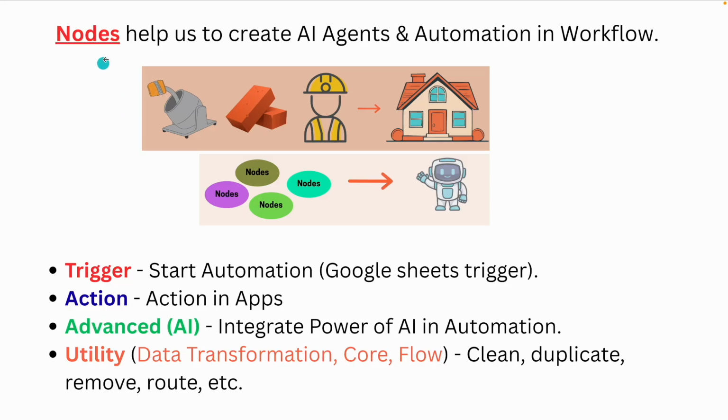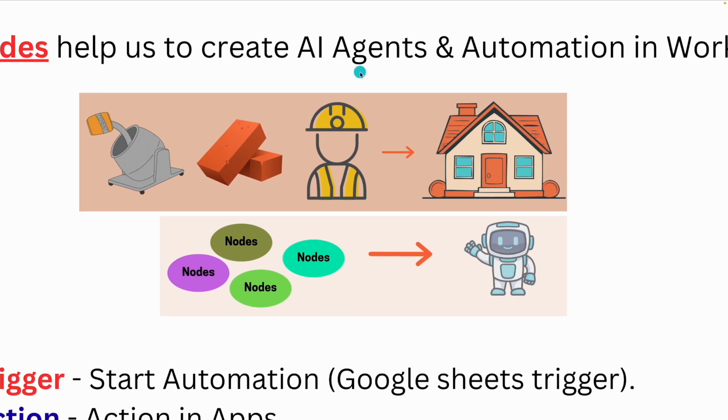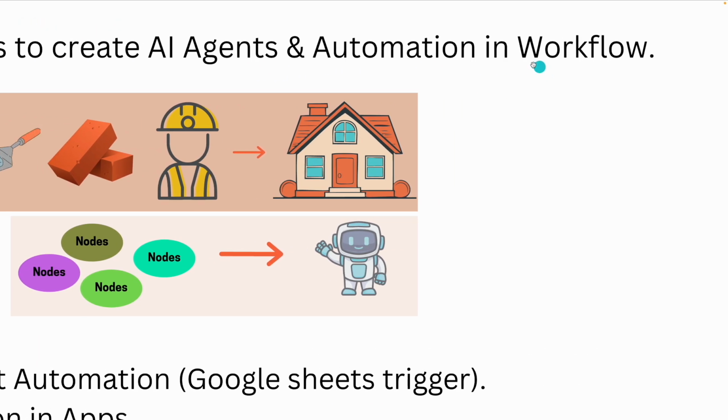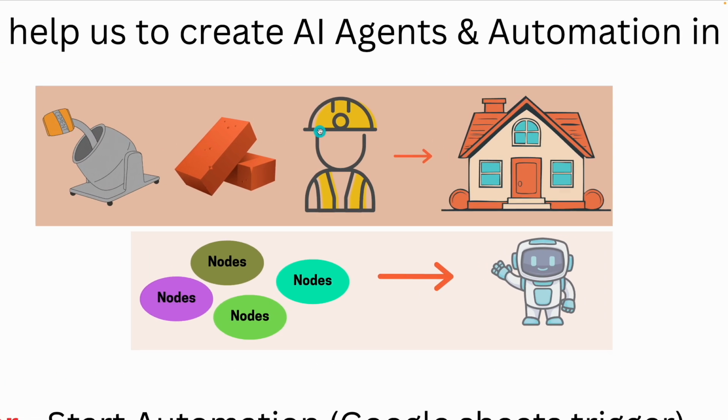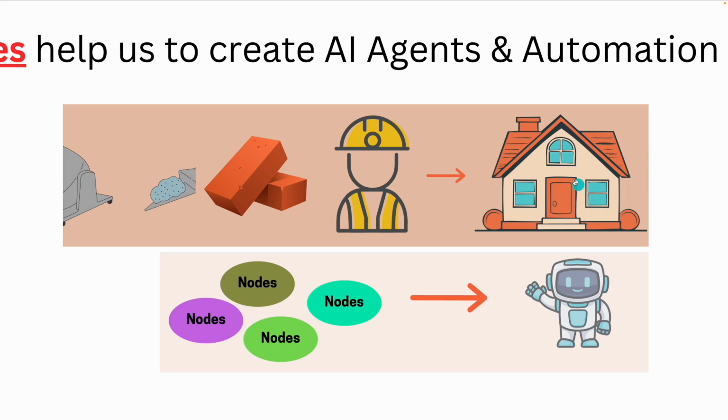Now we are going to understand a very important concept: nodes. Nodes basically help us create AI agents and automations in a workflow. Understand this with the simplest example. Suppose you want to build a house. To build a house, you require lots of elements like cement, bricks, labor, water.